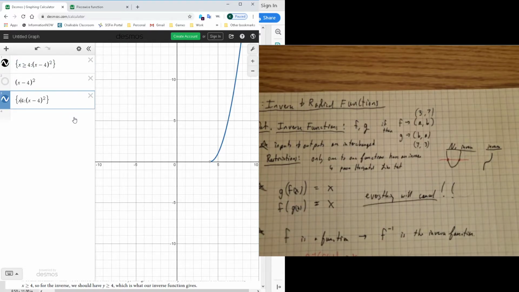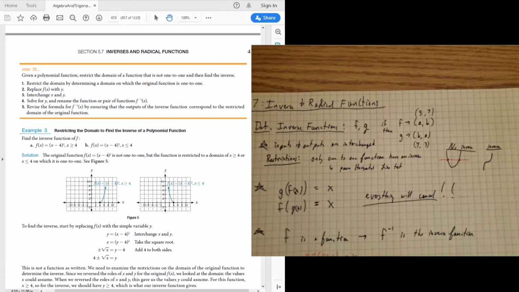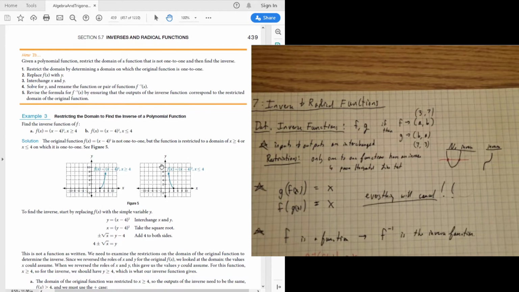And so it's basically taking this problem and splitting it into a left-hand piece and a right-hand piece, which, according to the book, we are very much allowed to do. Because remember, the original function, just the (x minus 4) squared, is not invertible because it fails that horizontal line test. So it splits it into two pieces that are invertible.